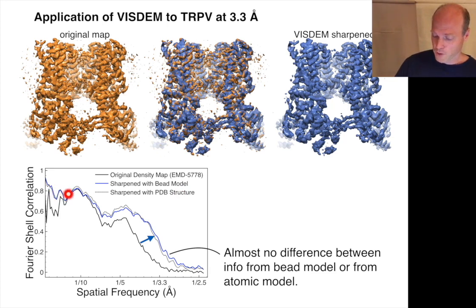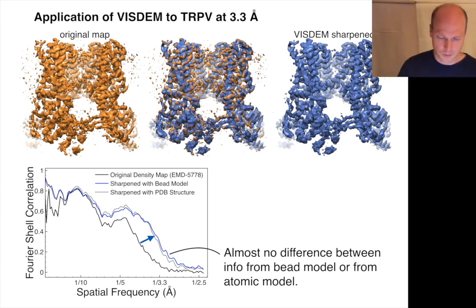Interestingly, if we sharpen the density map with this estimated bead model, the pseudo atoms, for which we didn't use any of the known structure information, we get pretty much the same curve. So the map sharpened with the pseudo-atomic model is very similar to the map that you sharpen with the correct structure factor from the atomic model.